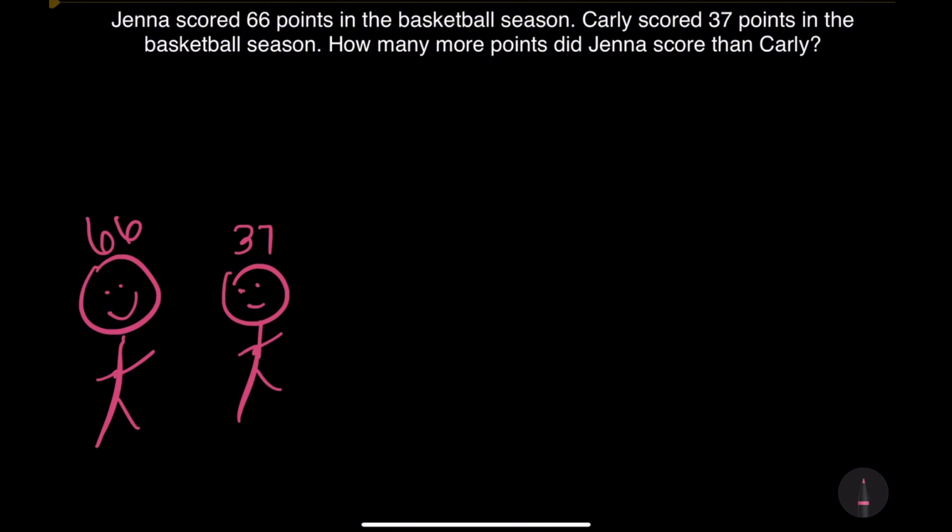And so what you need to know is when you see words like how many more, or how much fewer, or how many less, what they want us to do is compare these two numbers and find the distance between them. So this is not a normal story where you start with some and some are taken away and then you end up with some.